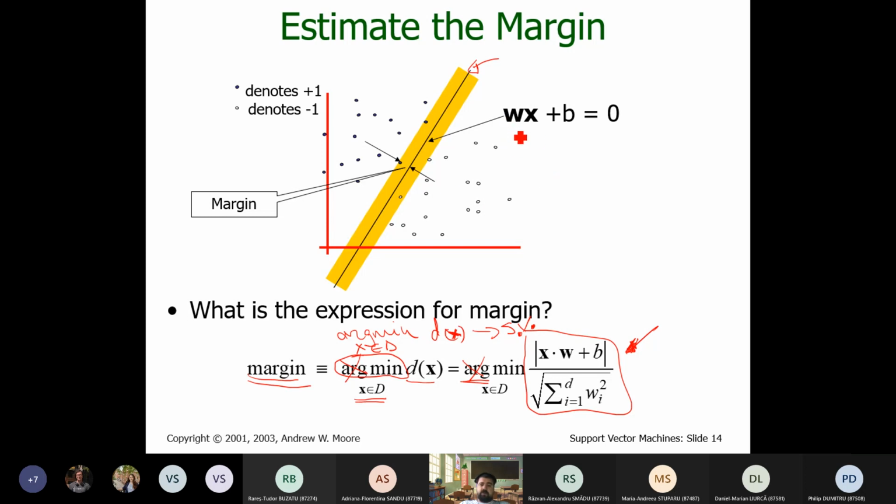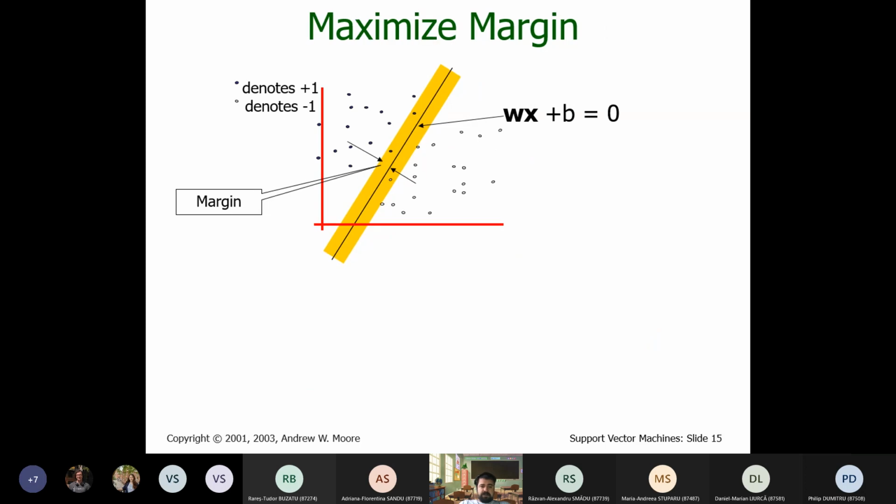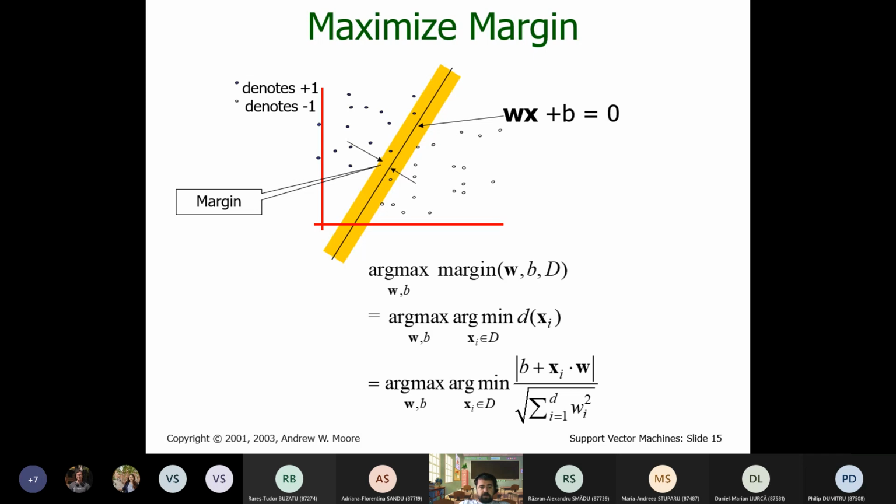Now, SVM says that what we would like to have is to use the classifier that will maximize this margin. So what we will need next is to maximize the value of the margin. So we will be needing the w and b that will maximize the margin, and this margin depends on the data set that we have, so the points that we have for training, and on the other hand, it depends on w and b that need to be trained, so learned from the data set.